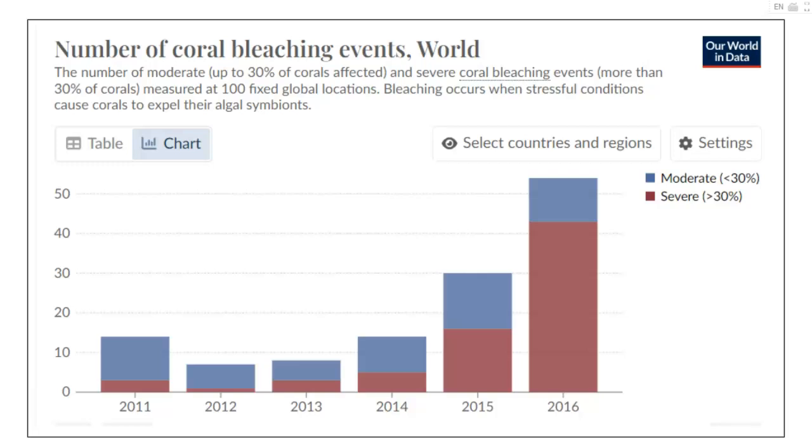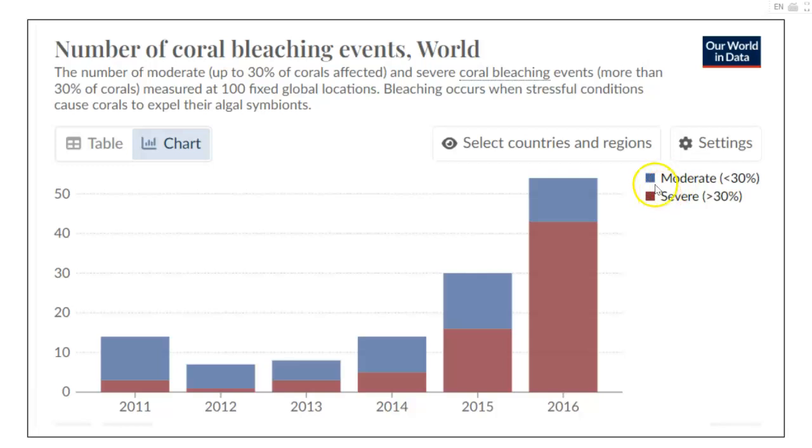So here's a chart of the number of coral bleaching events. Here's back in 2011. We've got time on the x-axis, and I guess this would be number of events worldwide.